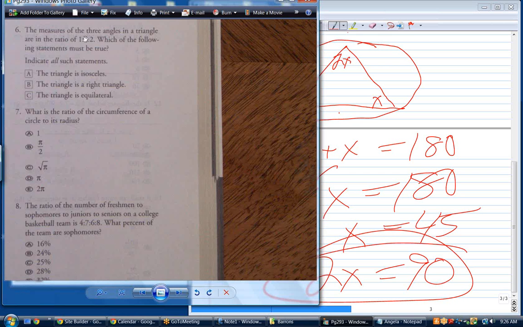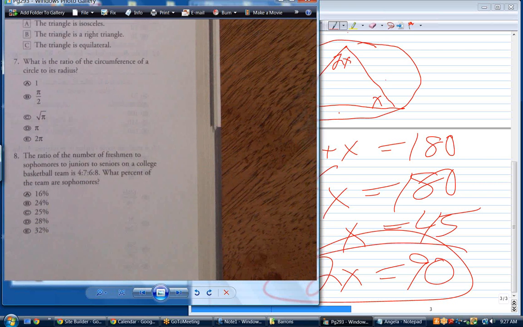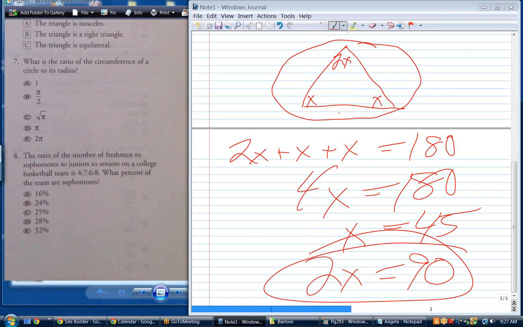If you didn't know that theorem that says if you have two equal angles, it's isosceles, you would know it by the time you drew your right triangle, which was a 90, 45, 45. Okay, number 7.